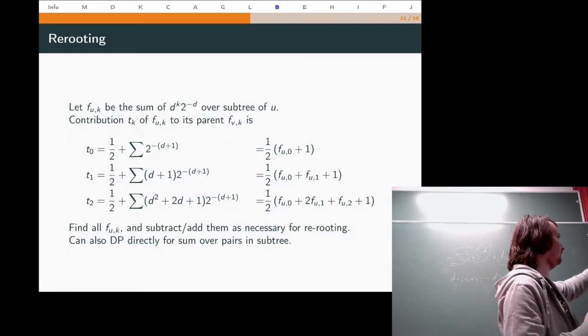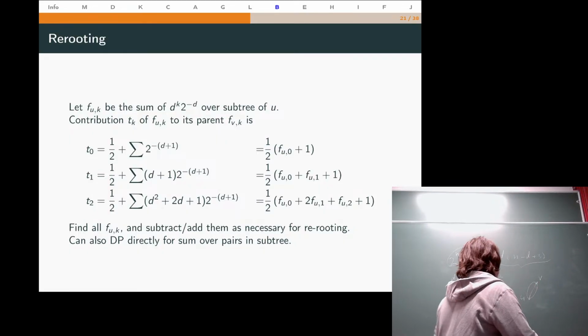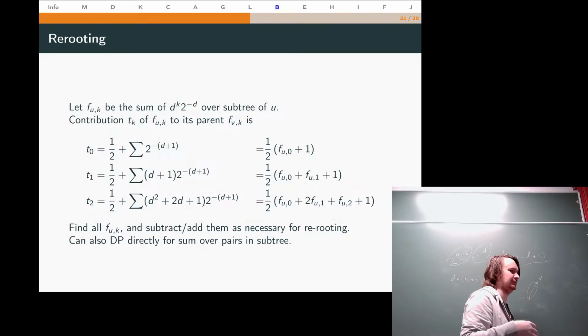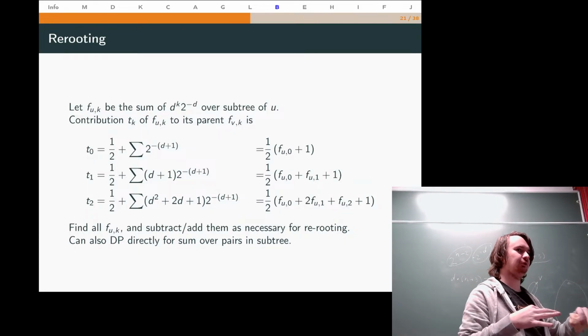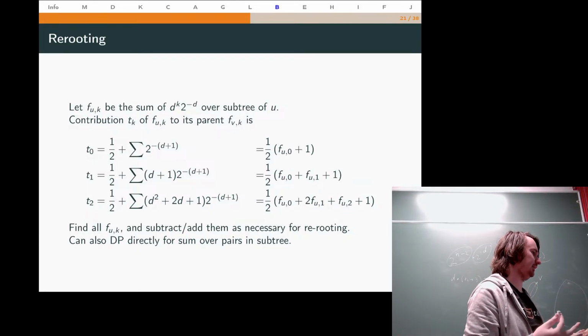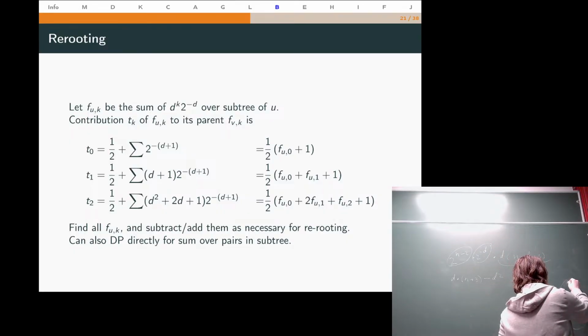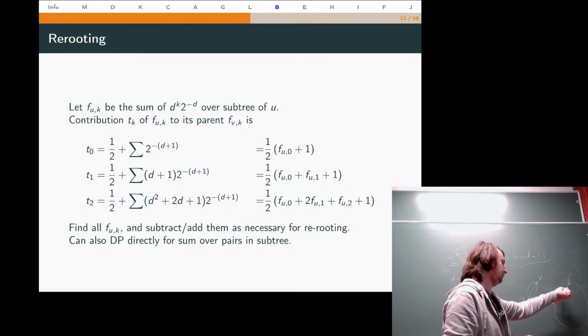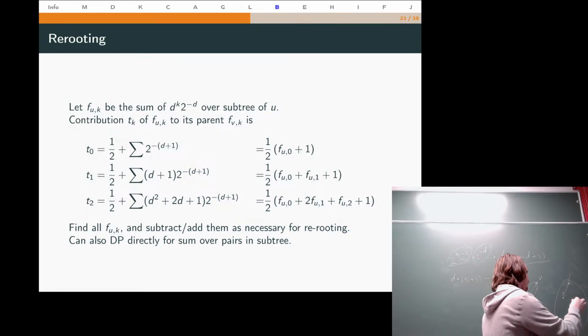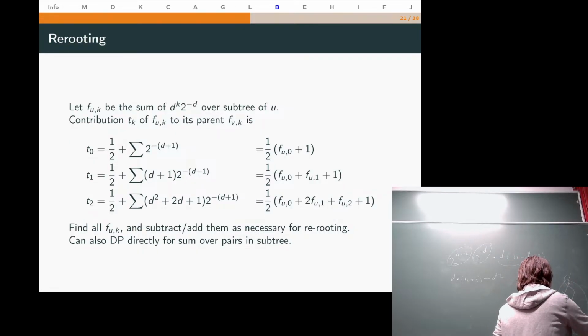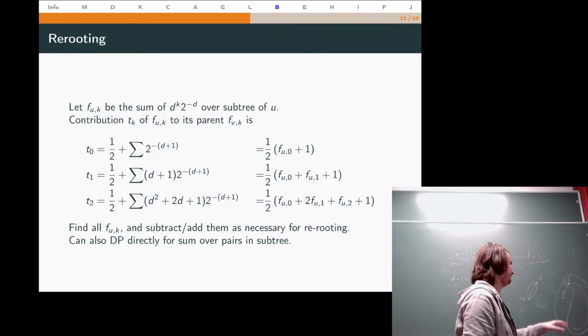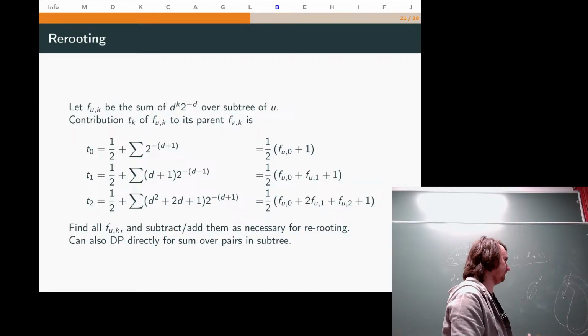First we use these transition formulas to compute this dynamic programming all the way to the root. Then we do a standard rerooting dynamic program, which means that we start with the root, and then we go into its children, and when we go to the child, we subtract the contribution of the child from the total.